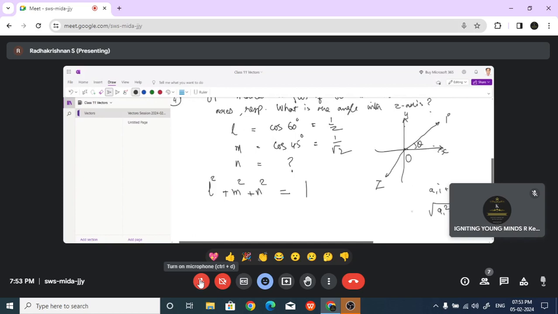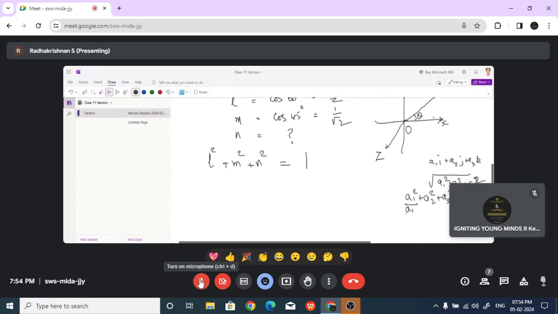So that means a1 square plus a2 square plus a3 square is equal to magnitude square. So when we divide each one by the magnitude, it is equal to 1.